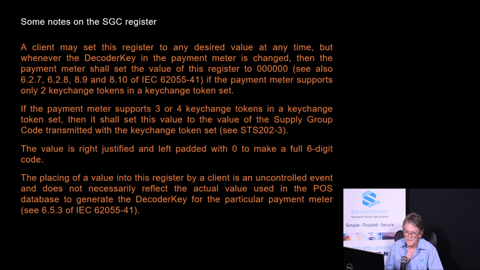So if the supply group code is not contained in the key change token set, then the value in that register could in fact be written incorrectly by using this register to write it in. So please bear that in mind. It's an uncontrolled method.